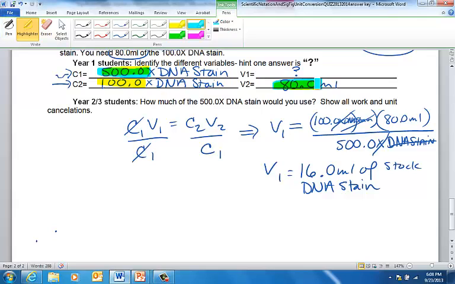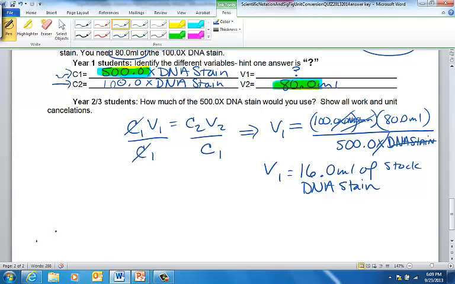We can go to the tenths place, and with measuring 80, that would give us 3 significant figures. This one right here, we could do better than that potentially, depending on our equipment. You could make 100.00X DNA stain, but that's not going to be relevant.